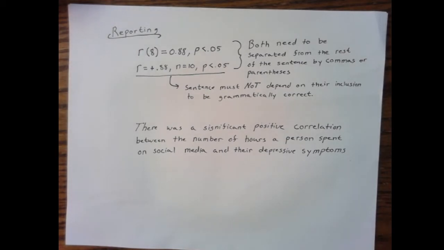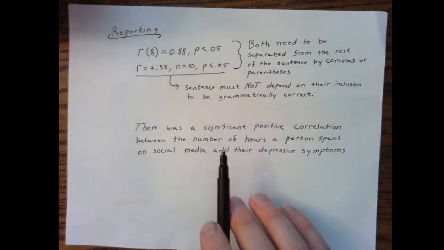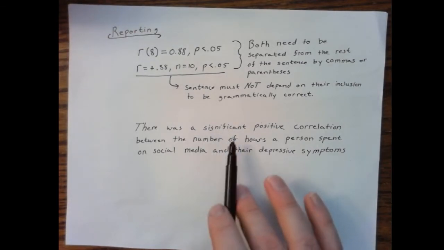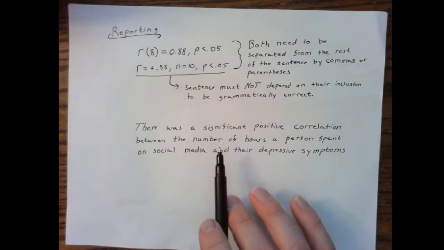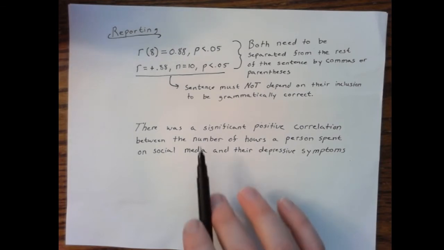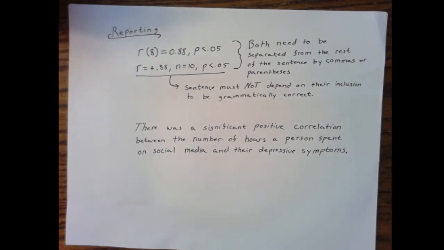The word significant indicates that we rejected the null hypothesis. So you should not say that we rejected the null hypothesis. The word significant means that. It means it's statistically significant, not necessarily that it's important per se. Also note that I could put a period right there, and this is a complete, grammatically correct sentence.